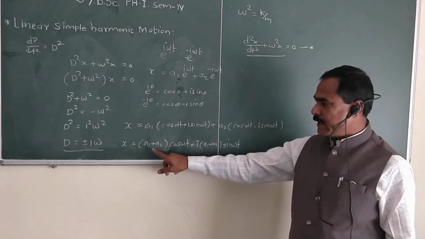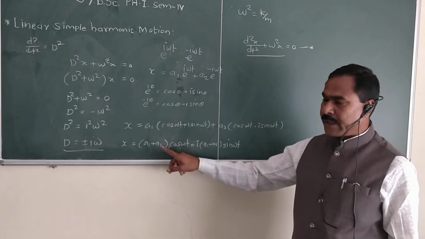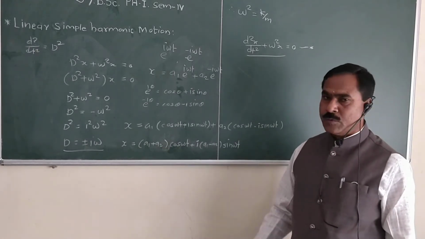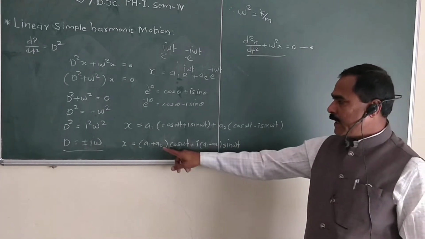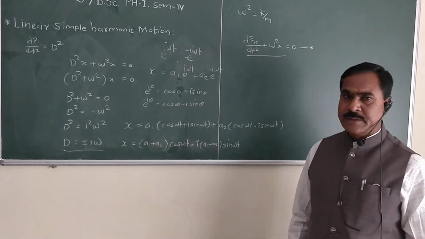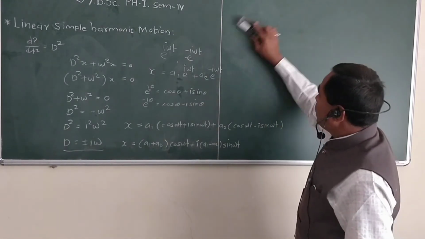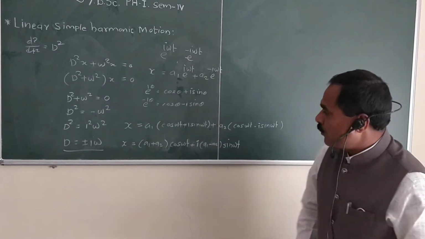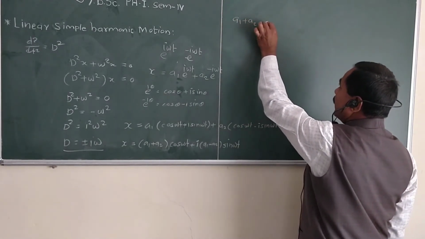Here in this equation, a1 plus a2 and i times (a1 minus a2): a1 and a2 are constants. So we have to write a1 plus a2 and i times (a1 minus a2) by some quantities. Right?